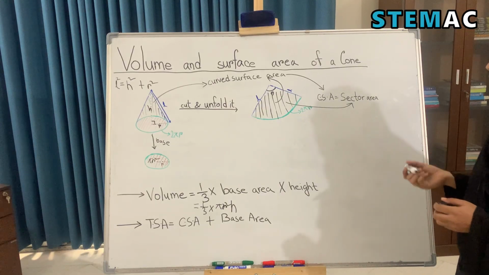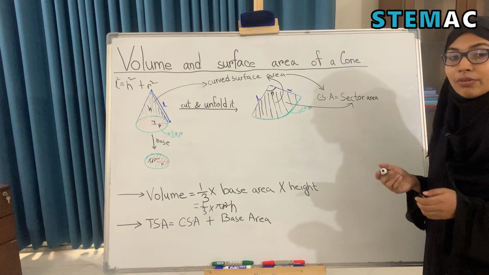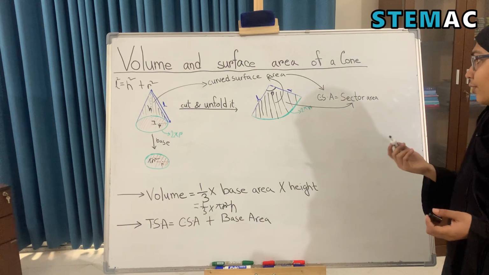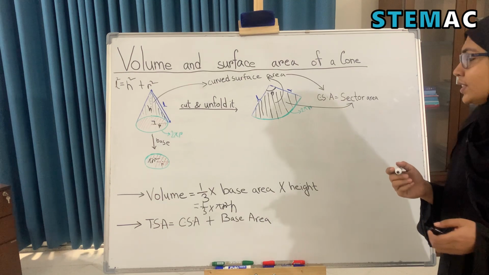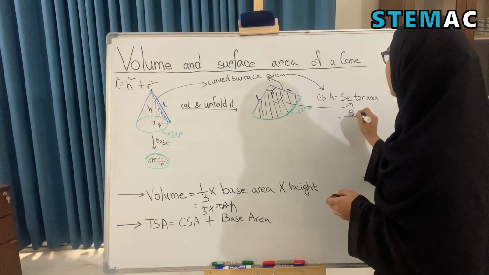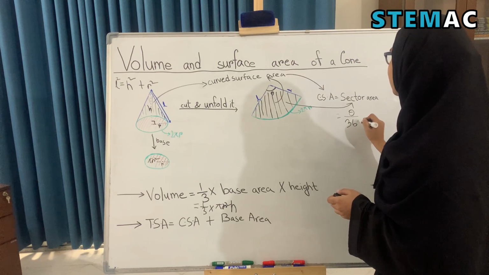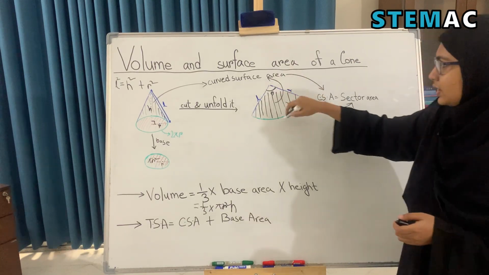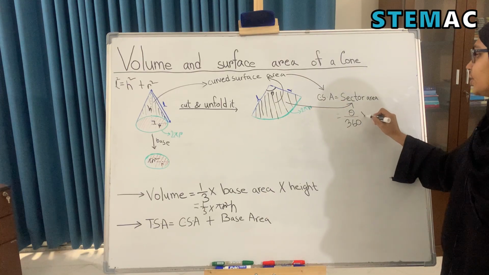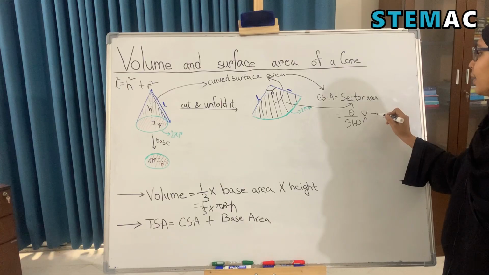So, to find the sector area, we know the formula for the sector area of a circle is theta divided by 360 into pi into radius square.